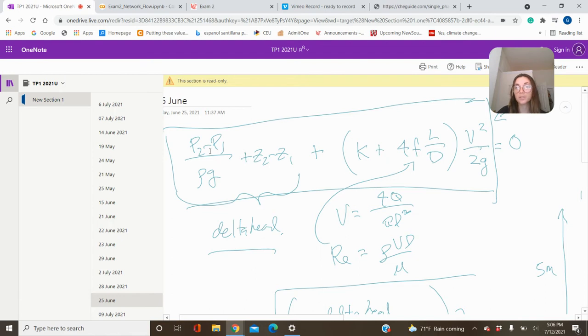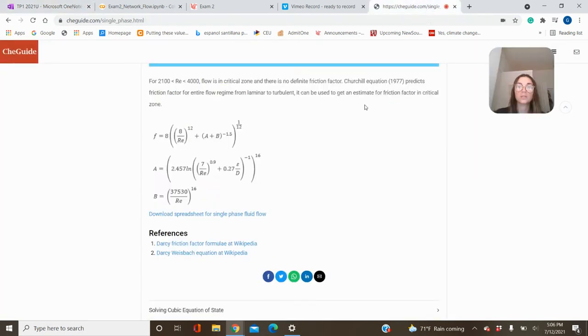We have our pressures, our value for rho, our gravity constant, and our change in positions for our delta head. Those are all known. We know our K, a constant, we know our roughness factor, and we know our volume. So really the only thing we need to solve for is our friction factor, using the Churchill equation.